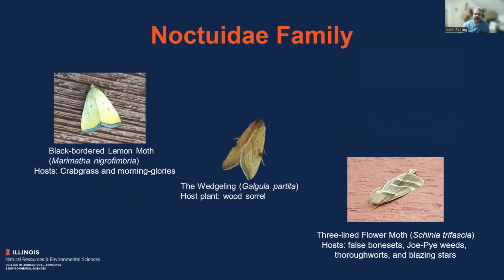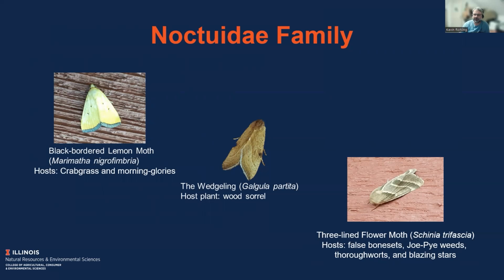Some more from the Noctuidae family. These are not considered pests necessarily, just some more interesting ones that we've seen. The black-bordered lemon moth. The hosts are crabgrass and morning glories. The wedgeling. Their host plant is mainly wood sorrel.